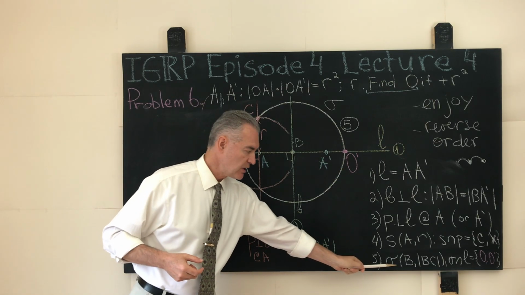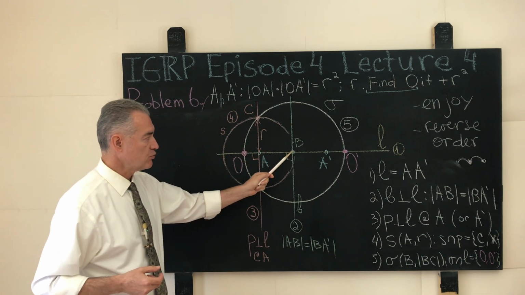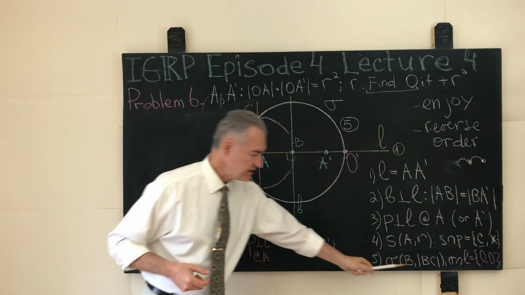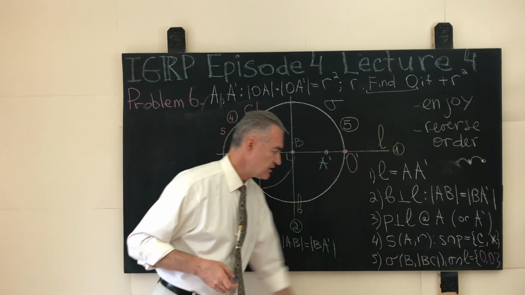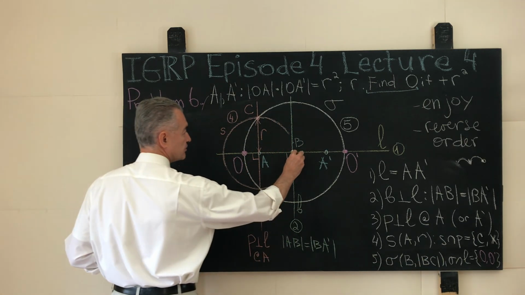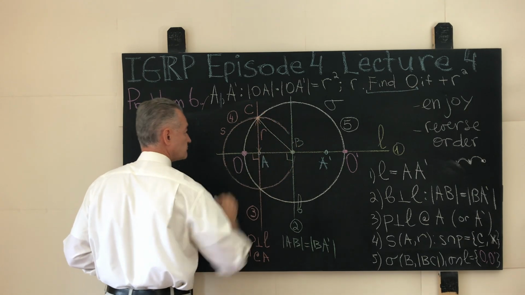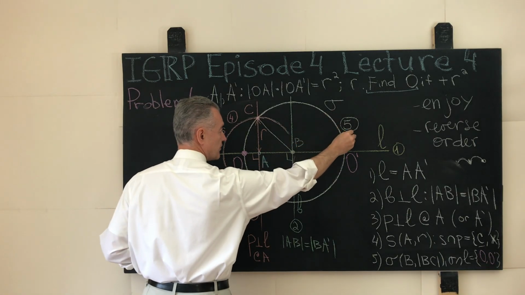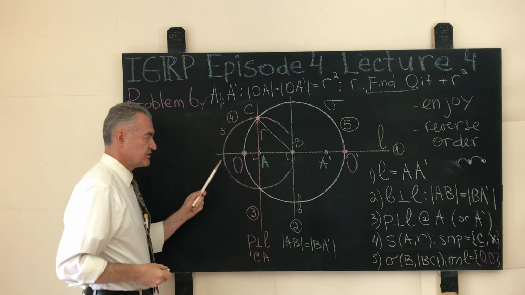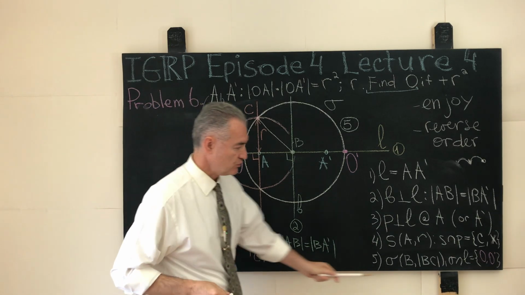And the fifth and the final step, 5, we construct a circle. I called it sigma, that is centered at the point B and that has the radius BC. The second argument to this notation is the distance between the points B and C. The distance between the points B and C is this distance right here. That circle, sigma, on the fifth step will intersect the straight line L that we constructed on the first step as shown over here.